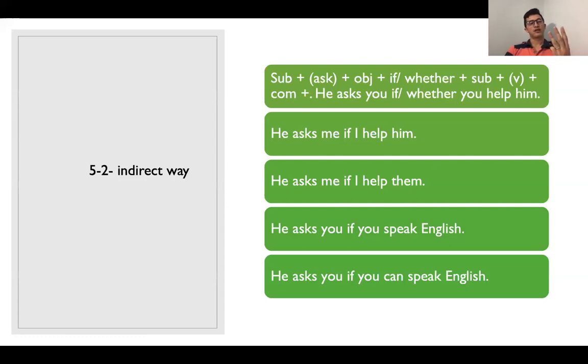So yesterday we said that when the first person asks a question about the third person, we use the direct way. But now in the indirect way, the second person asks the question of the first person from the third person, okay? For example, I ask Ahmad about Ali. I say, ask Ali if he can write his homework, okay?